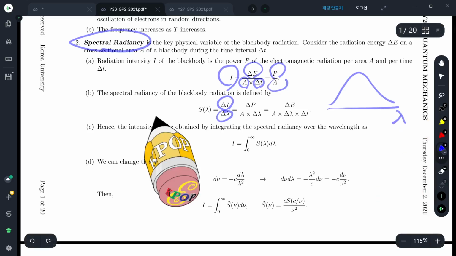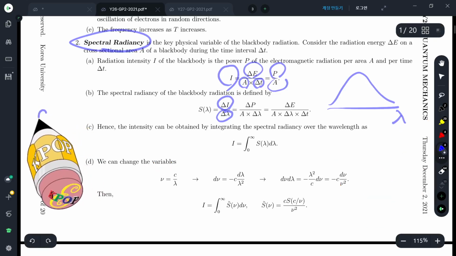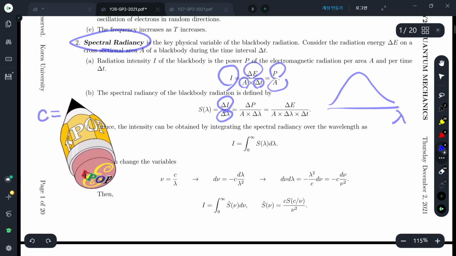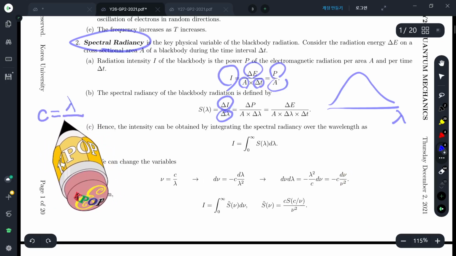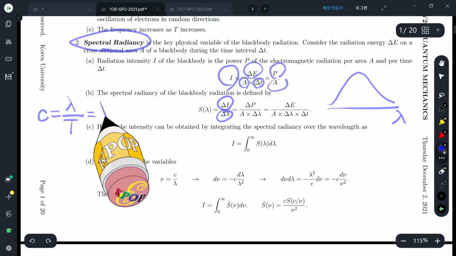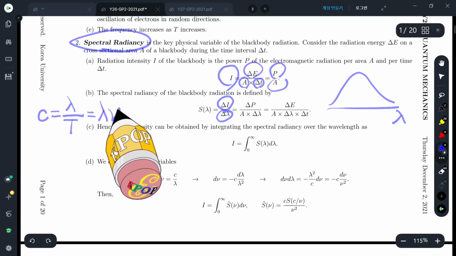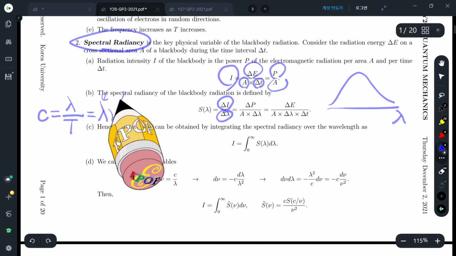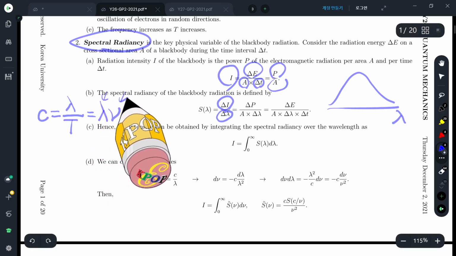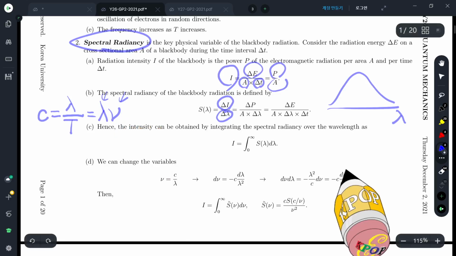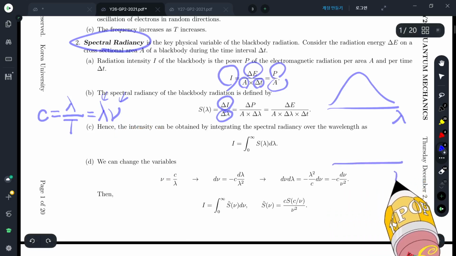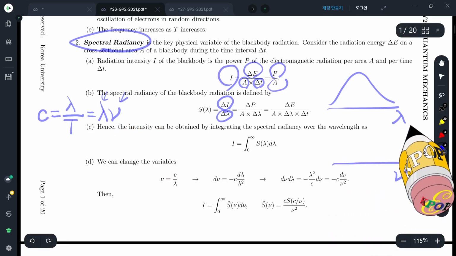there are two ways. We have the speed of light, the wavelength over period, so wavelength times frequency. These two variables are correlated, and we can make a change of variable with respect to nu instead of lambda.